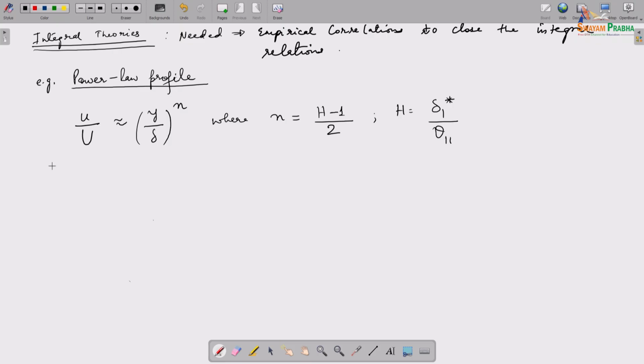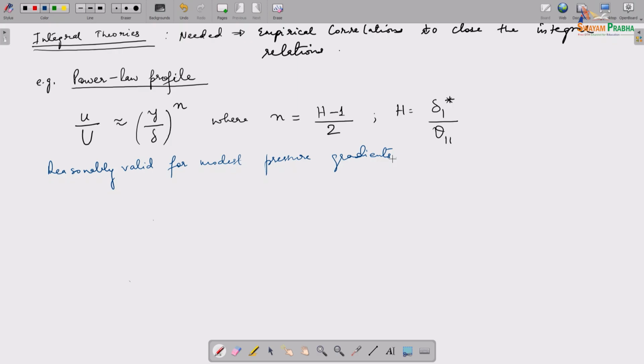This sort of a profile is okay. The inference here is that this sort of a profile is reasonably valid for modest pressure gradients.